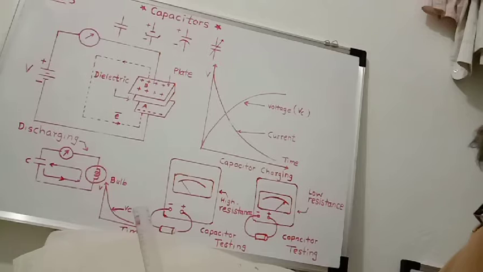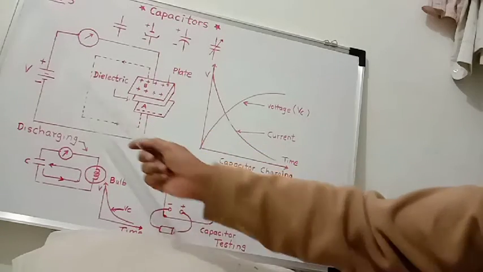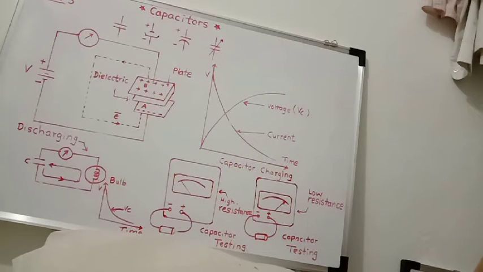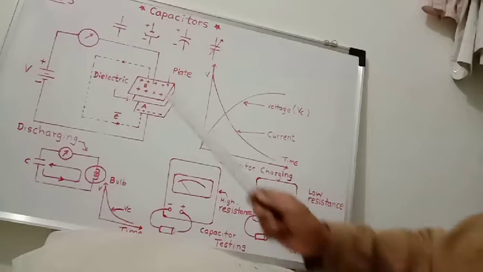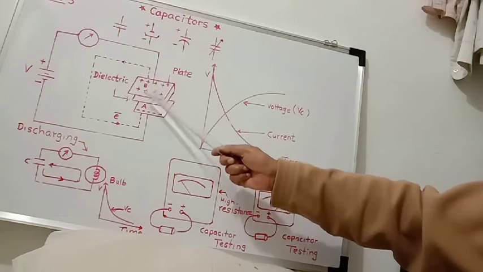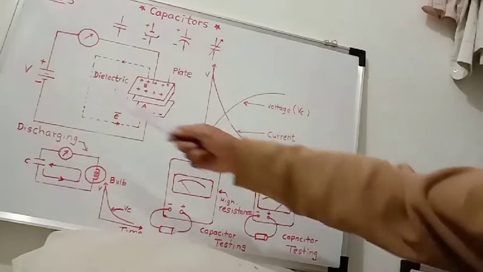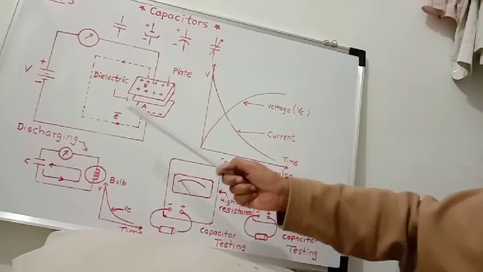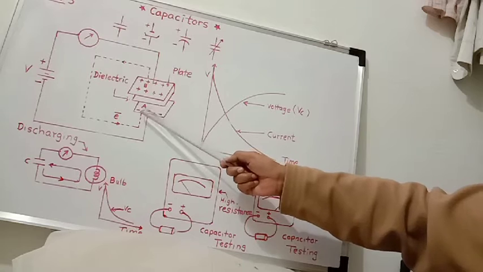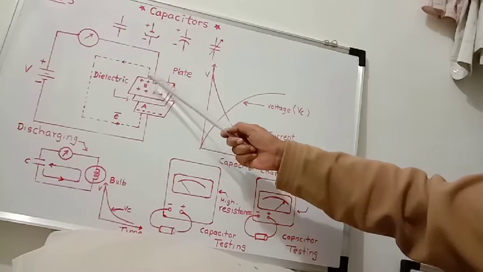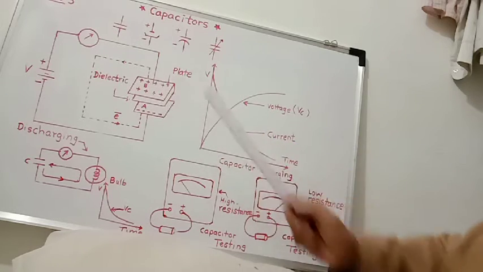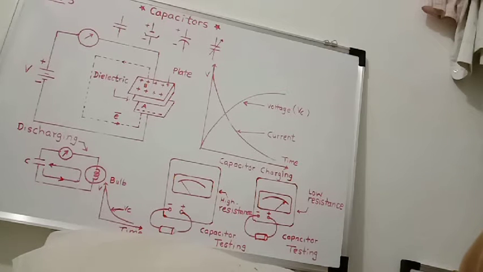Before connecting the battery, the number of electrons on plate A and the number of electrons on plate B are equal. But when the battery is connected across it, then electrons are accumulated.